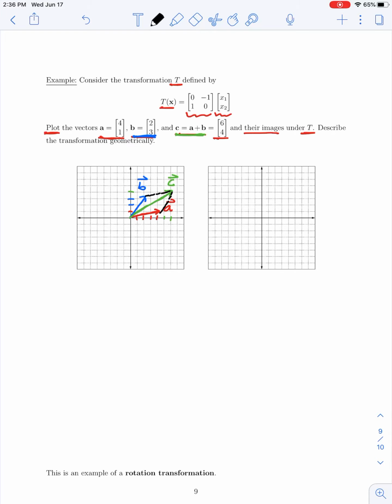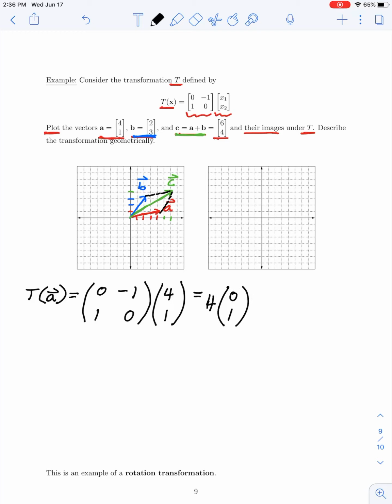So let's look at the image of each of these vectors under our transformation. Starting with T of A, we're taking the matrix [0, -1; 1, 0] and multiplying by the vector A, which was (4, 1). So here we would have, for our product, 4 times the first vector, (0, 1), plus 1 times the second column vector, (-1, 0).